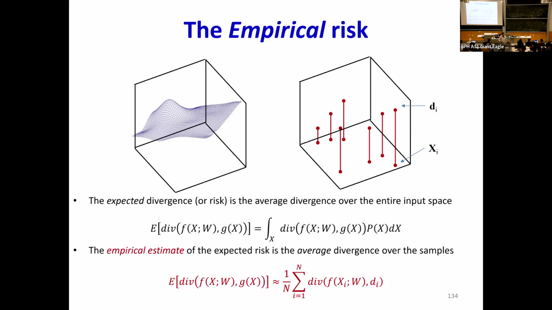But then something magical happens when you collect training samples. When you collect training samples from a natural process in a natural manner, then you're naturally going to get more samples from more probable regions of the space and fewer samples from less probable regions of the space. And so this empirical estimate for the expected divergence naturally gives more importance to more frequent x's and less importance to less frequent x's.